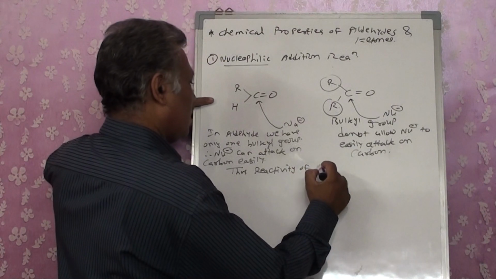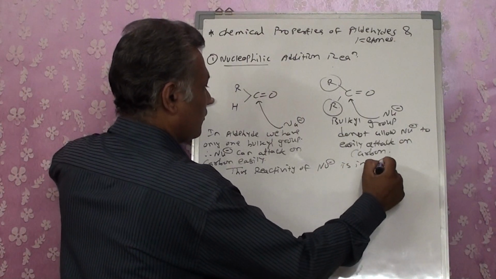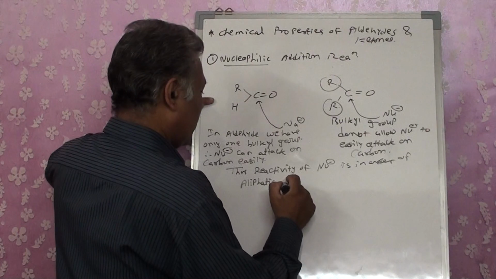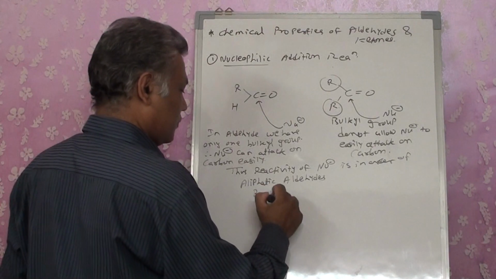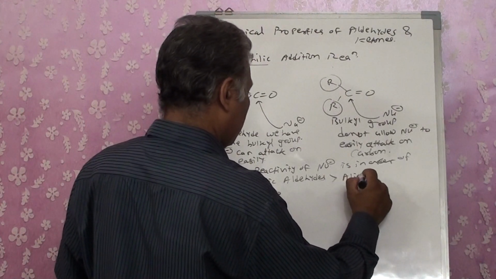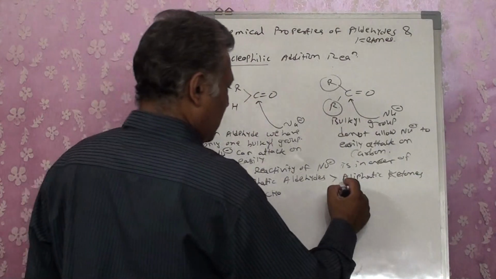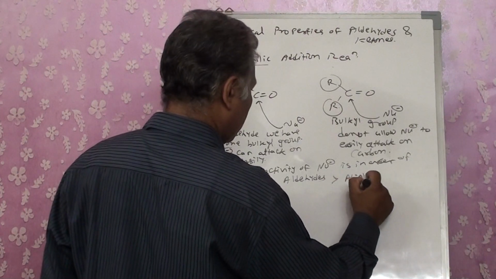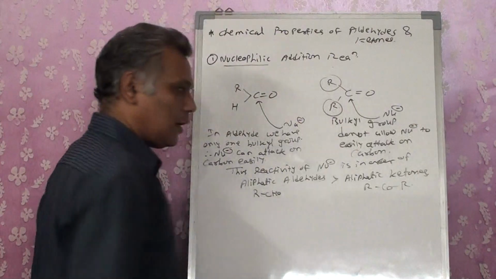That is the reason why the reactivity towards nucleophiles is in the order: aliphatic aldehydes, that means RCHO, are much more reactive than aliphatic ketones, that is RCOR.